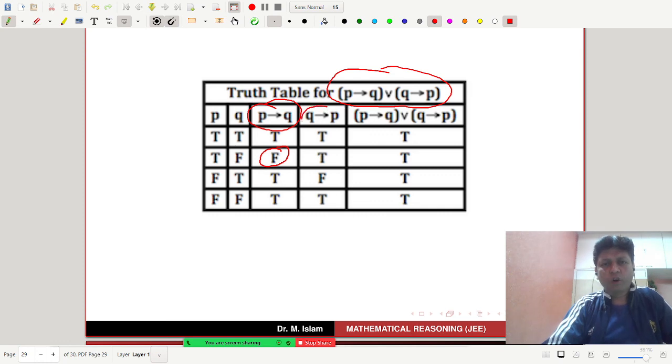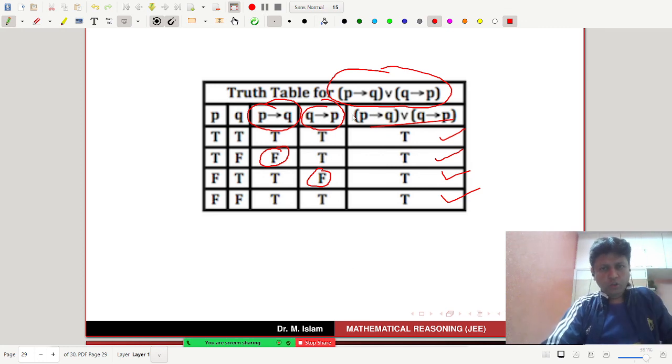Then you write the converse, Q implies P, which is false if and only if P is false and Q is true. Then you do the connective between P implies Q and Q implies P, that is the last column, and you will see all the entries in the last column are true. So this is an example of a tautology.